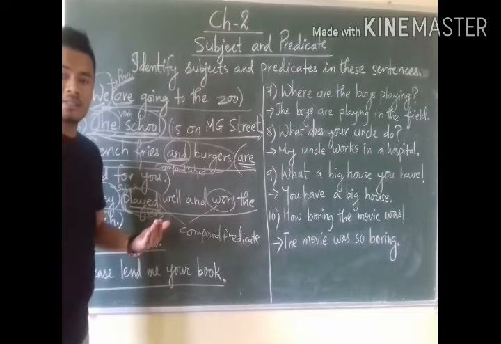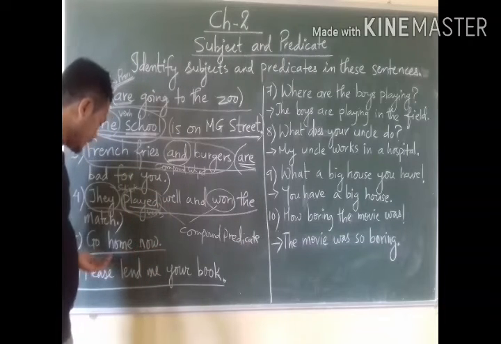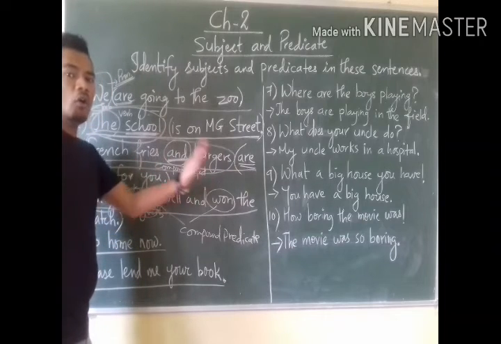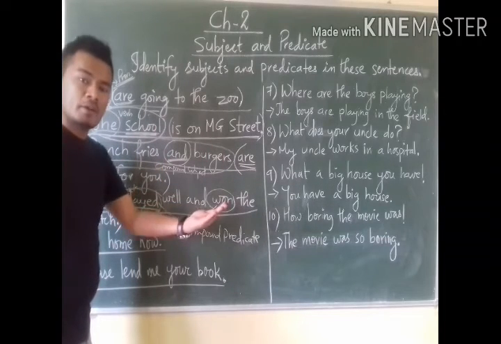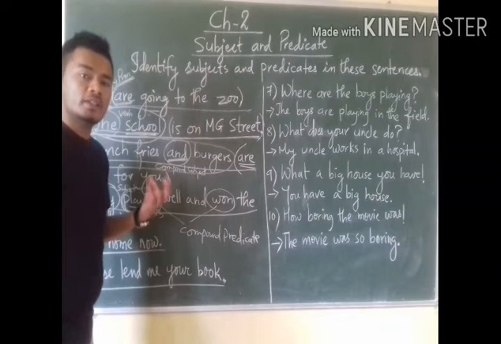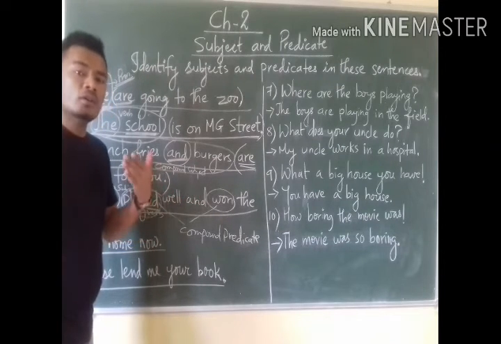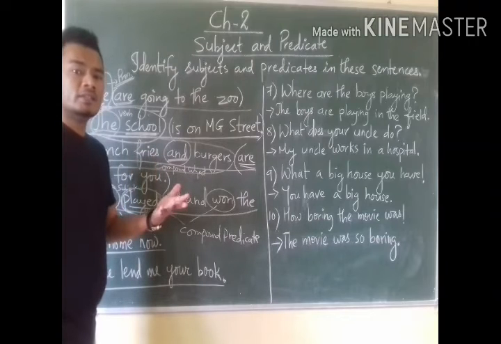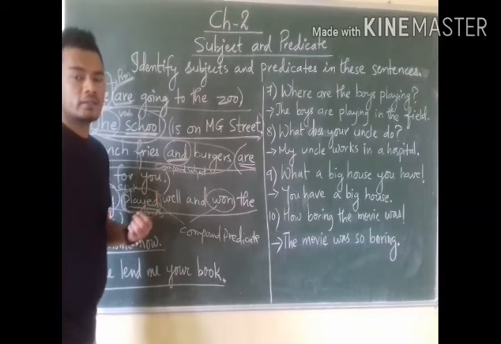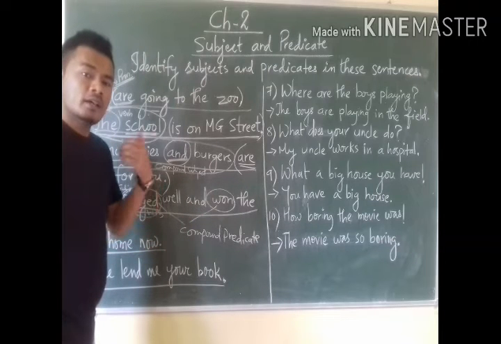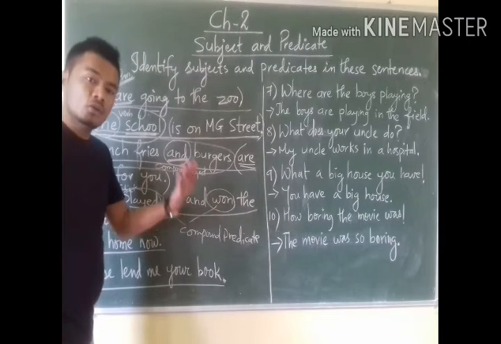Okay, we have to understand the subject. Like, go home now. If I am speaking to someone else, go home now, I will address that person with the pronoun or with the word you. That means if you use an imperative sentence to speak to someone else, to that person also, you individually want to say you.